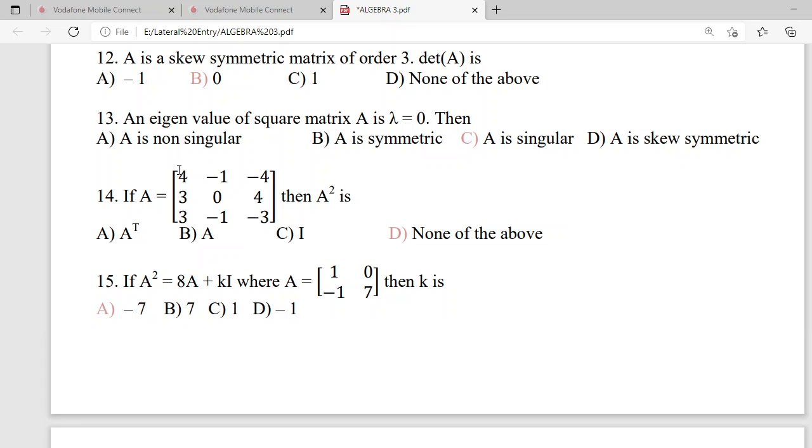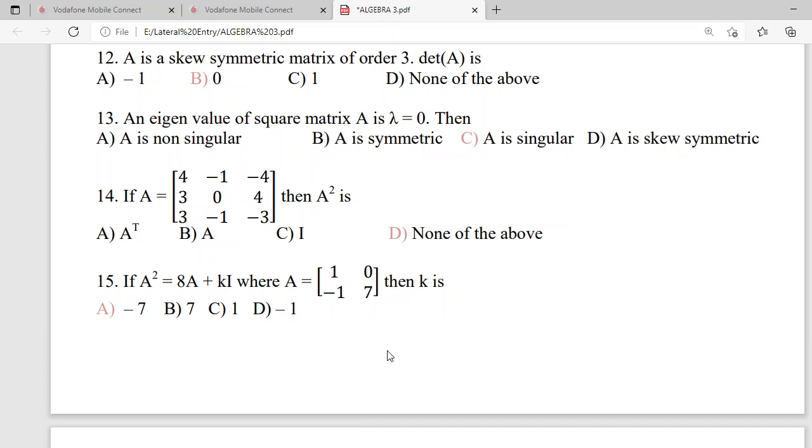Then the second element is 4 into minus 1, minus 4, then 0, then plus 4. If you consider the second row and first column, 3 into 4 is 12, plus 0 minus 12.